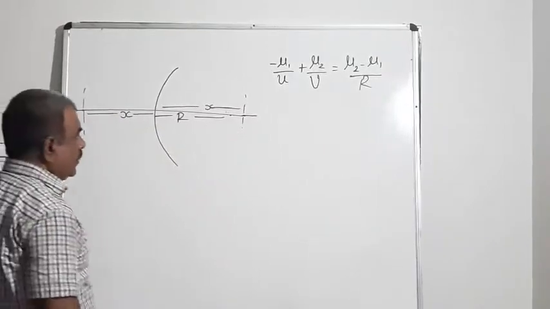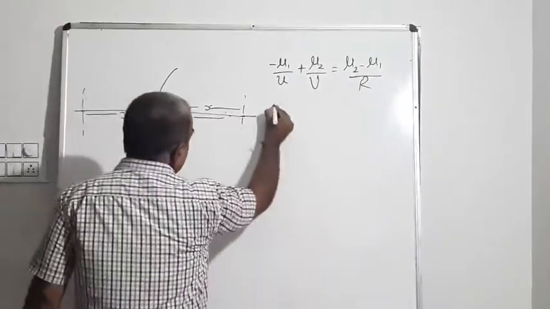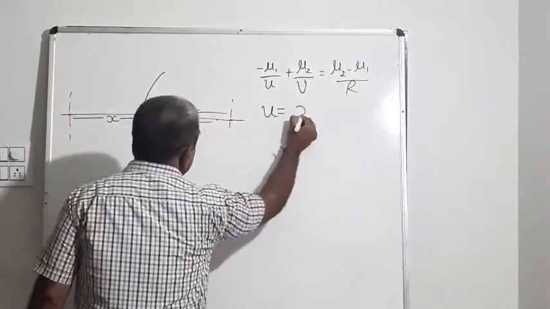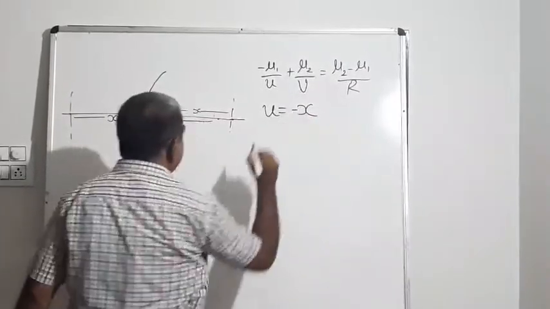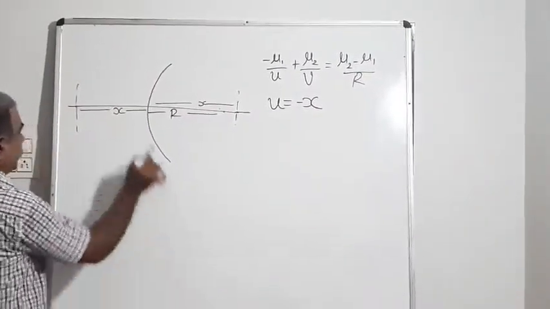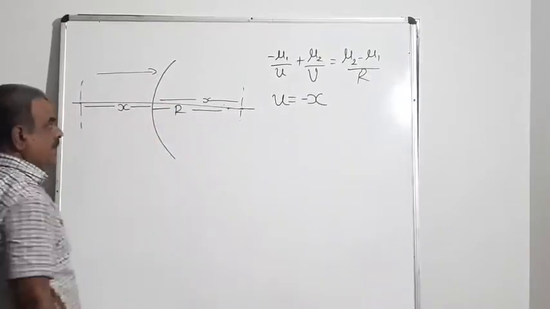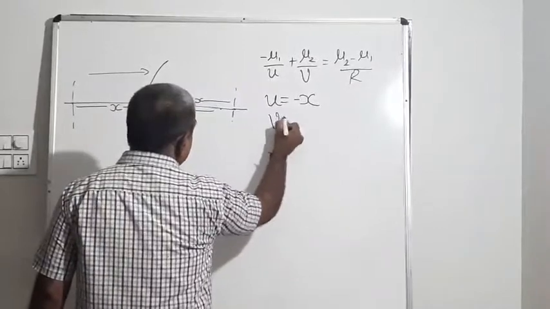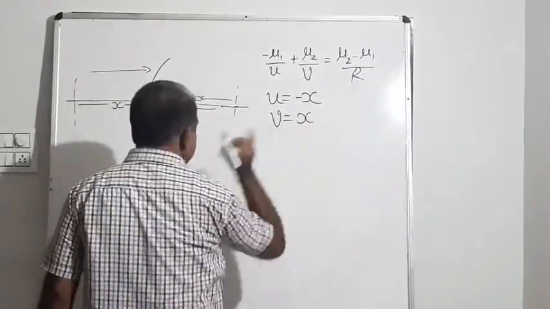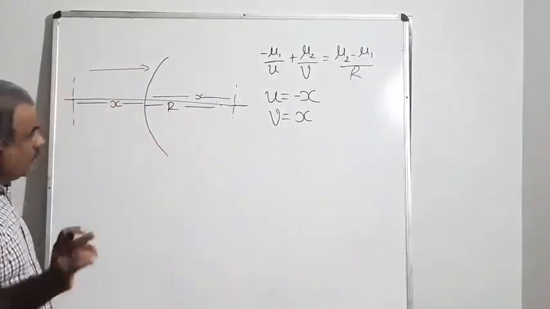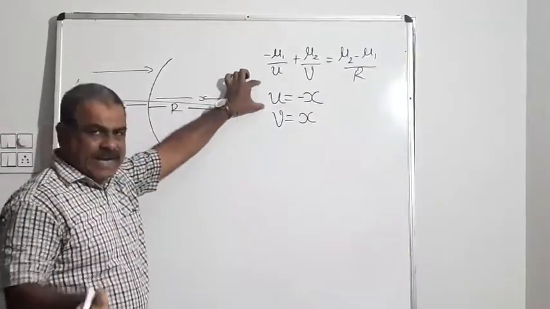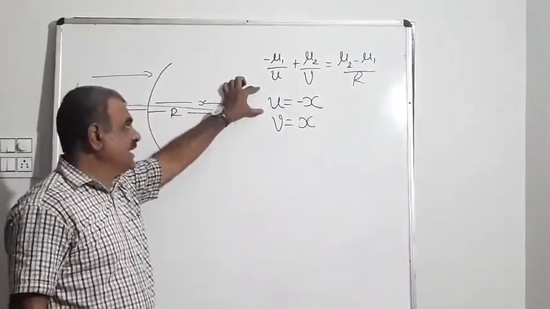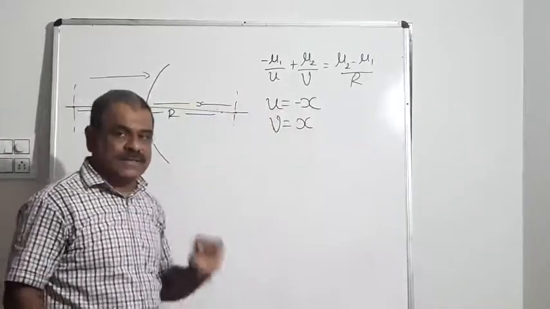So u is equal to x as per sign convention, minus x, because this is the direction of incident ray, and v is equal to plus x.